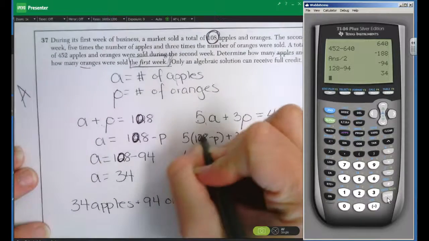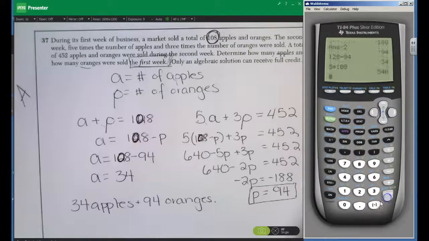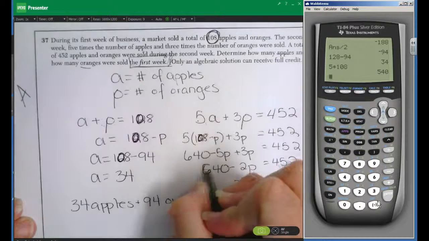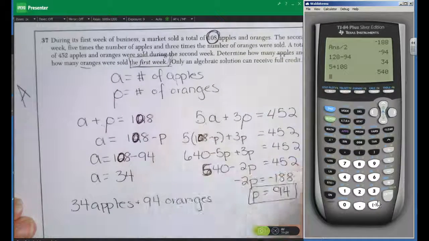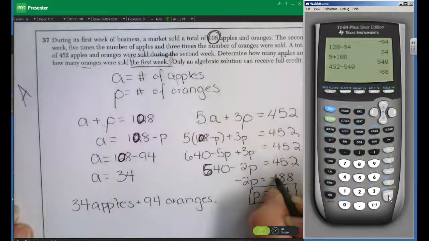So I need to go back over here, make this a 108. So I'm going to do 5 times 108. That means this should be 540, which means that this, that's what I get for rushing, huh? It's supposed to be just 88, which means this is supposed to be 44.